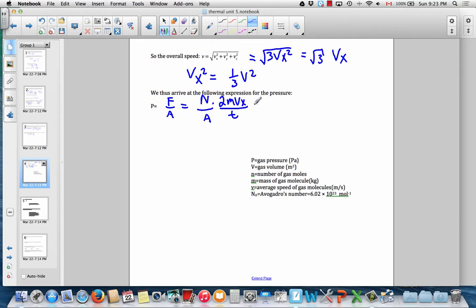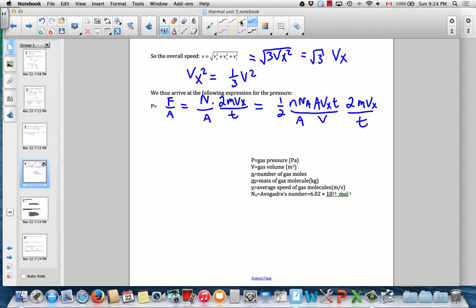And now we've got to put in our expression for n, which was 1/2 number of moles, Avogadro's number, and then A Vx t, the volume of our cylinder. And then we have to divide by the total volume of the gas, and then we have to divide by the cross-sectional area there. That was pressure is force over area.